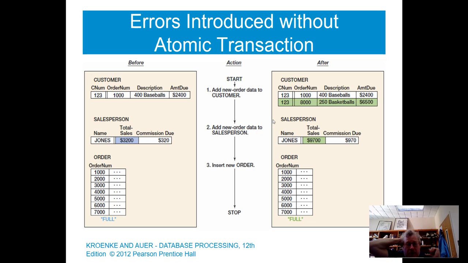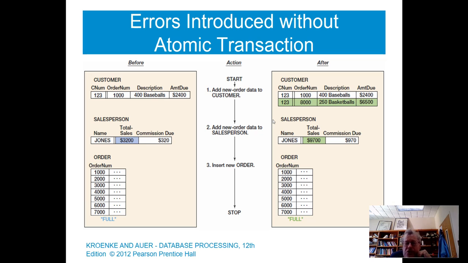So what happens? We start and we add new data to the customer. We assume that fits, and you can see we've added order 8,000 for 250 basketballs. That's highlighted in this dark green, and that costs something. And then you can see we've updated the salesperson to increase his total sales and increase his commission due. So far, so good.